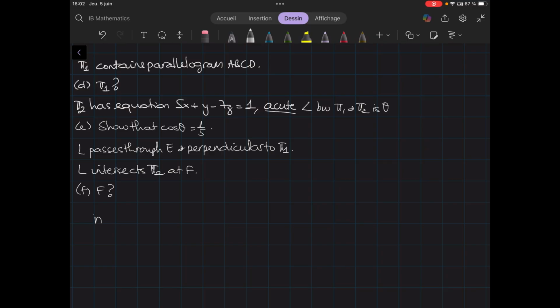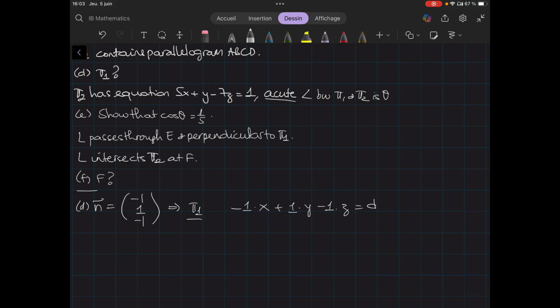We know that the normal is -1, 1, and -1. Therefore, the equation of pi 1 has to be -1 times x plus 1 times y minus 1 times z is equal to a constant. Let's pick the easiest point. Let's say A. We know A lies on pi 1.